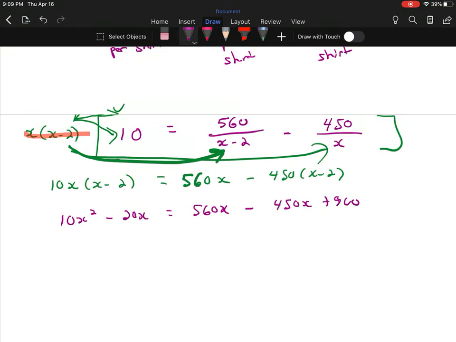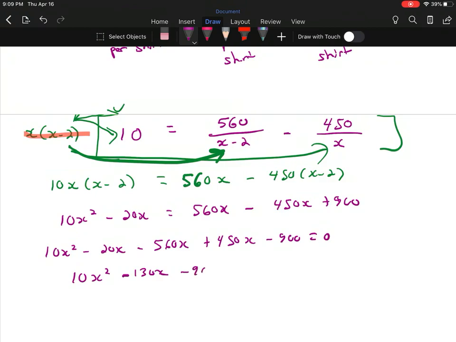Bring everything to one side. Because we want to isolate that 0 because this is a degree 2 equation. And then I collect up these like terms.